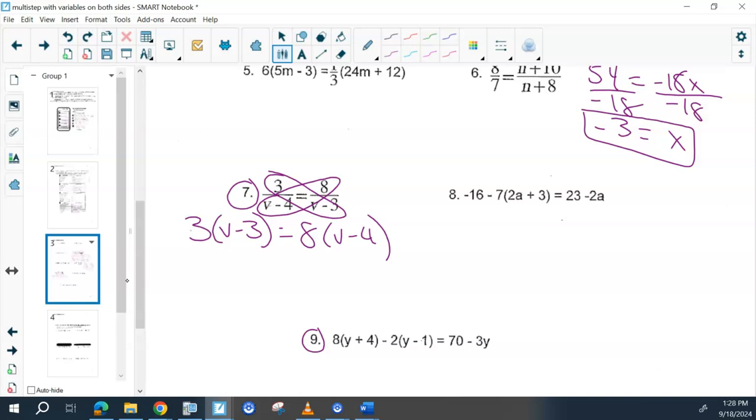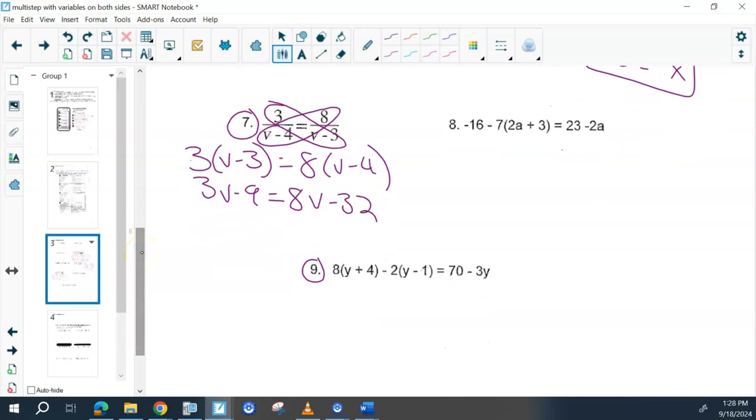Distribute. And then what do we want to move first? Anyone? 3b, sure. So by subtracting, at the same time I would add 32 to the other side. So that we get 23, I think that is, and 5b.